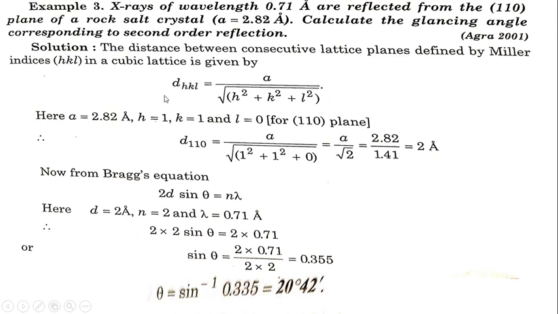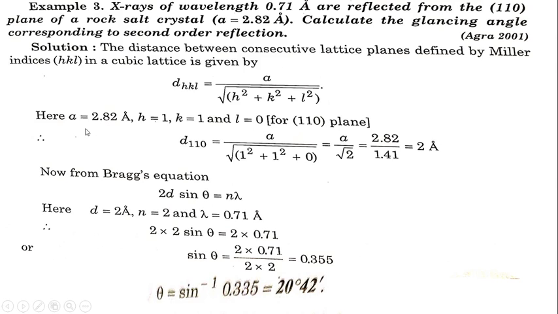Now the distance between consecutive lattice planes defined by Miller indices hkl in a cubic lattice is given by d hkl equal to a upon under root of h square plus k square plus l square, where a equal to 2.82 angstrom, h equal to 1, k equal to 1 and l equal to 0 for 110 plane.